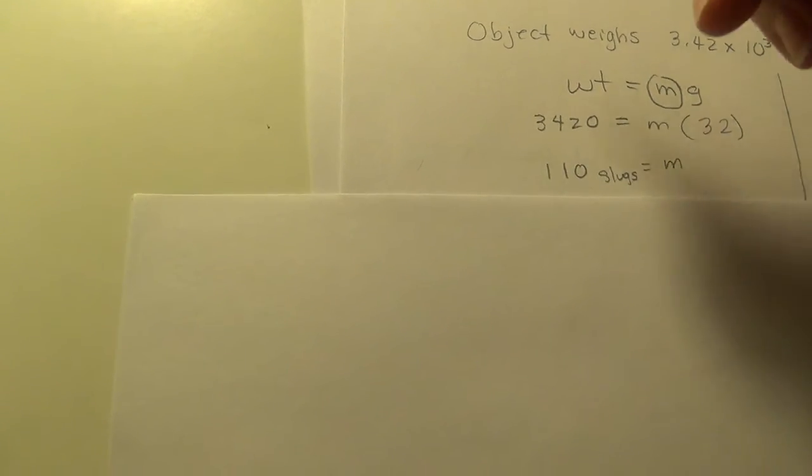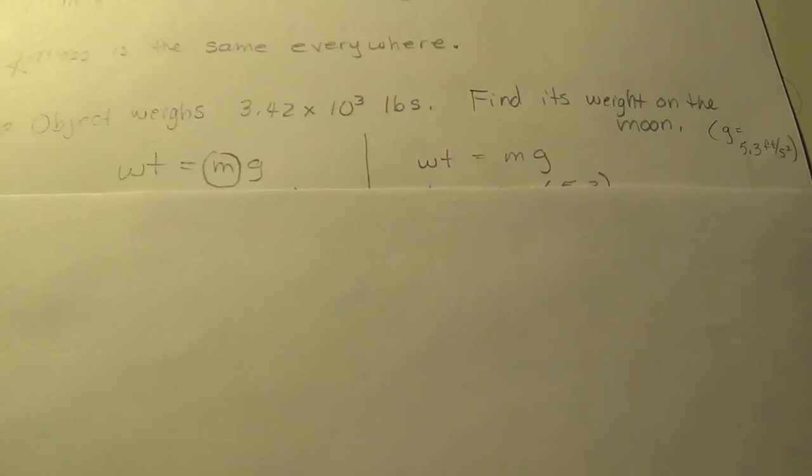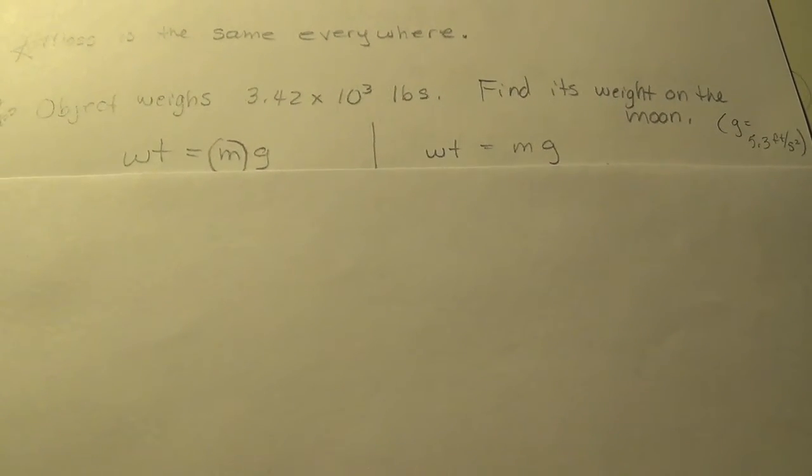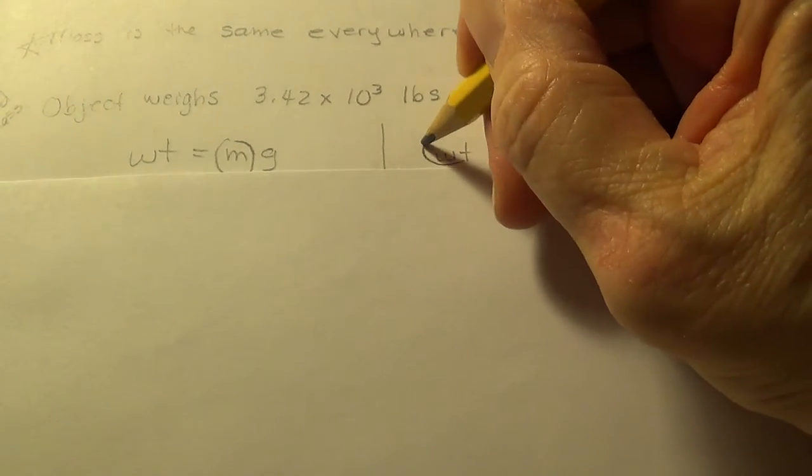So moving over to the Moon, this is always a two-step process. The first step is to find mass. Then we're going to go over to the Moon and pull out weight equals mg. And this time we know the mass, and we're looking for the weight on the Moon.